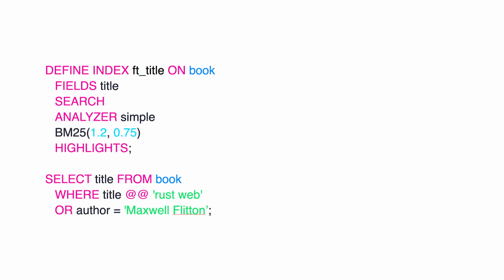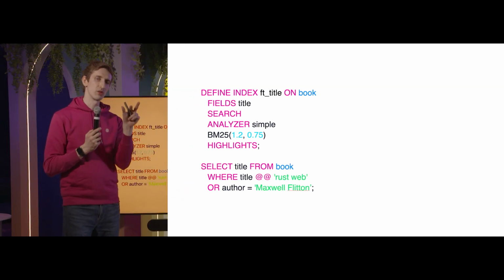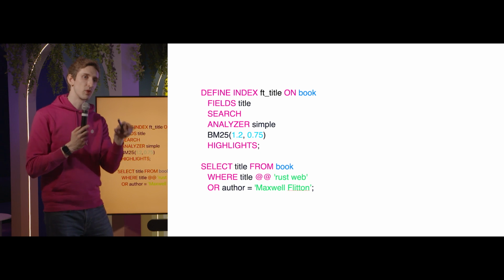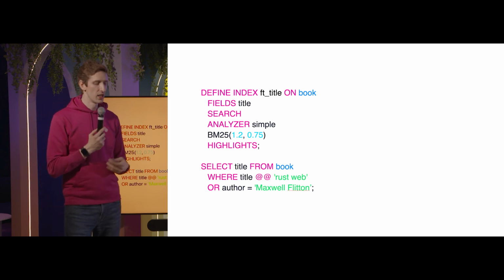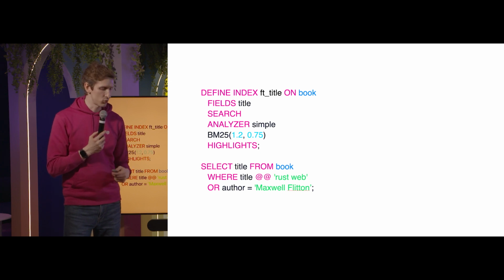So this index here enables you to search for any book which contains the title Rust Web or author Maxwell Flitton, but it's actually going to search within the text, and it's not necessarily going to search for those two words together. It might search for typos, it might search for things that look similar to the data you've entered, and then it will give you results based on weighting rather than results based on any other order.